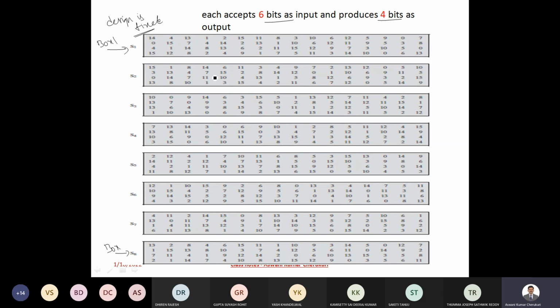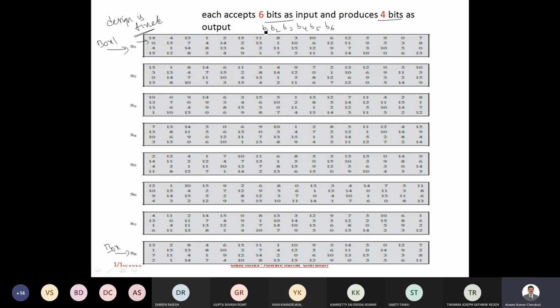Now, say one box is taking 6 bits as input: bit 1, bit 2, bit 3, bit 4, 5 and 6. Each box has certain rows and certain columns.